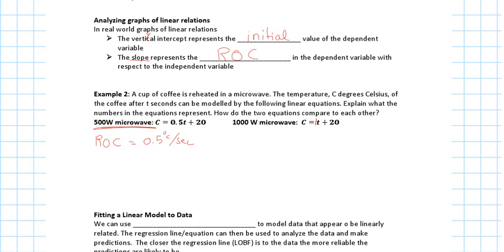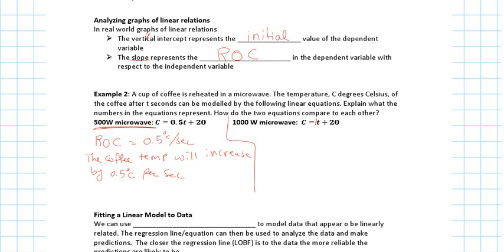Explain that to me. When you put the coffee in the microwave for 10 seconds, what's going to happen every second? Okay, so the temperature is going to increase by 0.5 degrees for every second you put it in. So for this one, the coffee temperature will increase by 0.5 degrees Celsius per second.